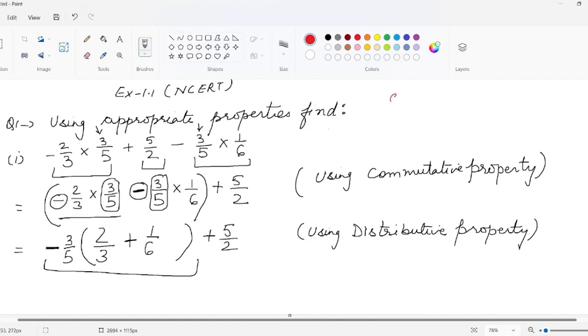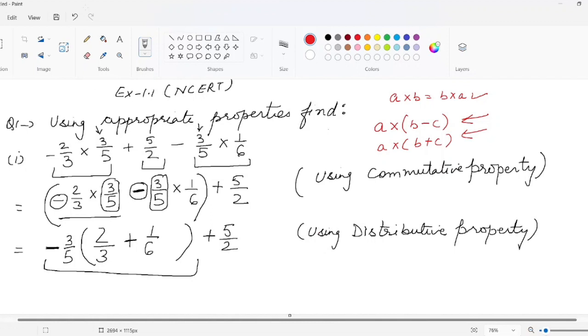In commutative property we learnt A into B is equal to B into A. And in distributive we learn A multiplied by B minus C, or A multiplied by B plus C. When we have the question in this form, that is called the distributive property. So here we have written using distributive property. We have taken the common number outside. I hope this much is clear till here.